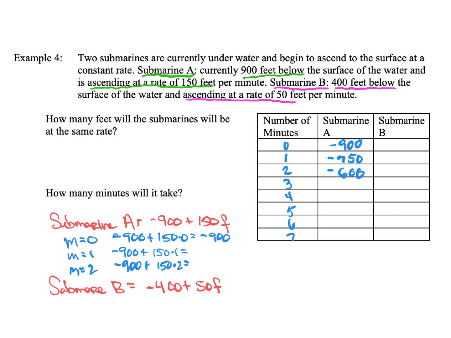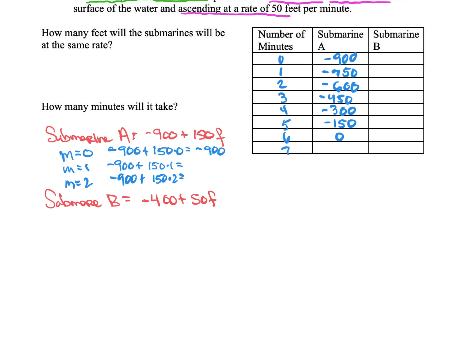And then what about minute 3? It will be negative 450. And what about minute 4? Negative 300. Minute 5, negative 150. Minute 6 is 0. So that's at sea level.